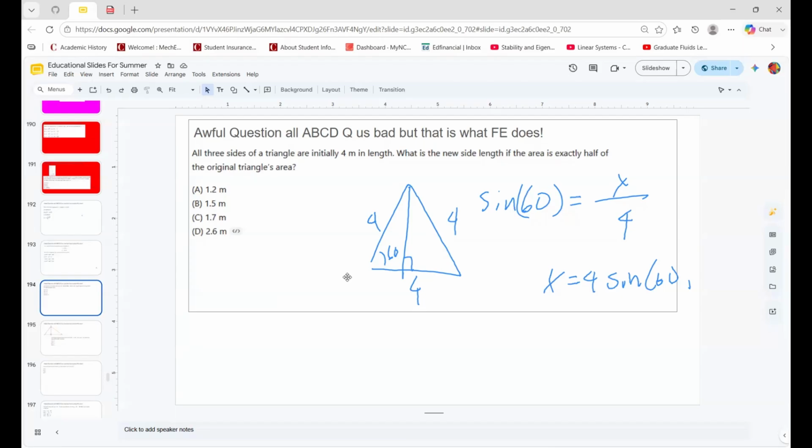Okay, I got H right, but I don't think that's what they're looking for. The original area. Wait a second. What? These questions make no sense.